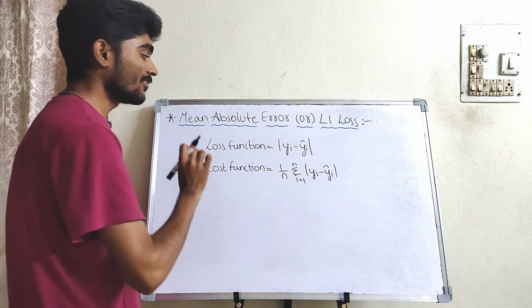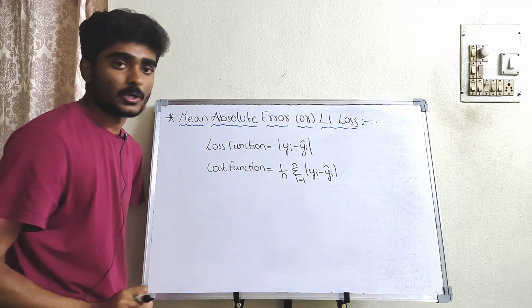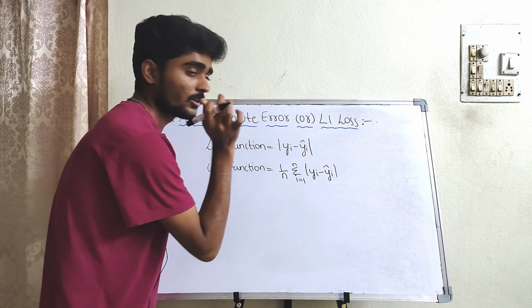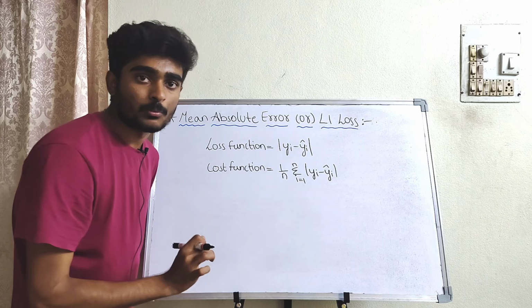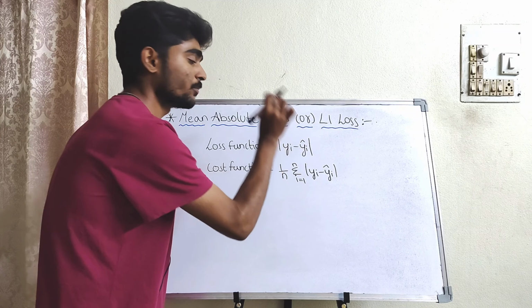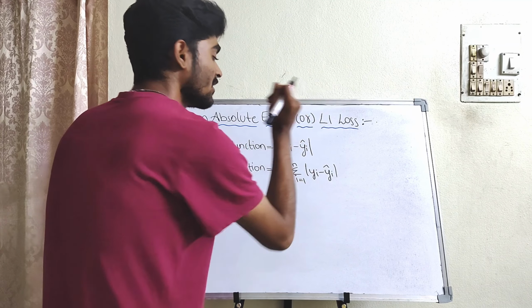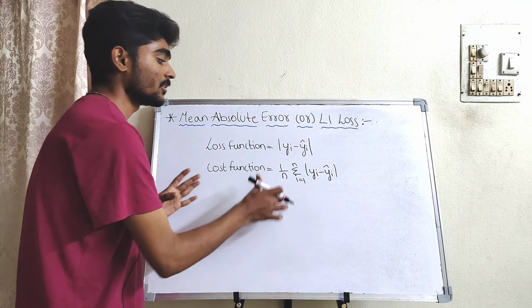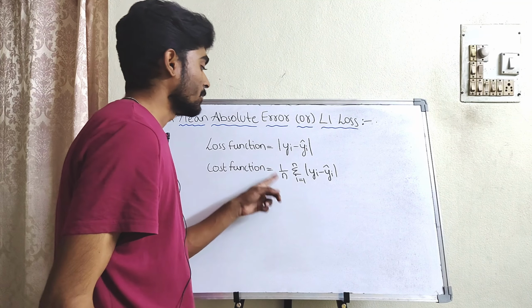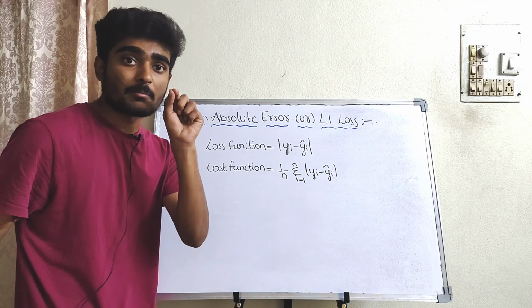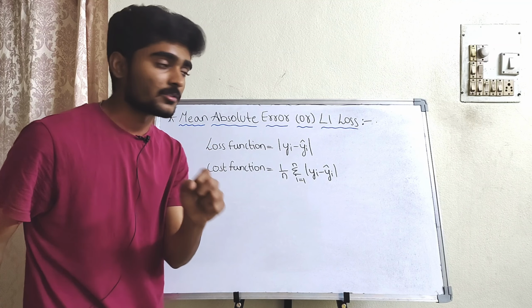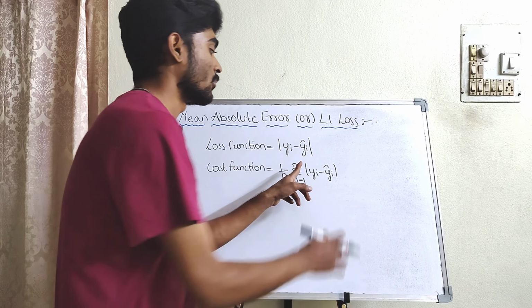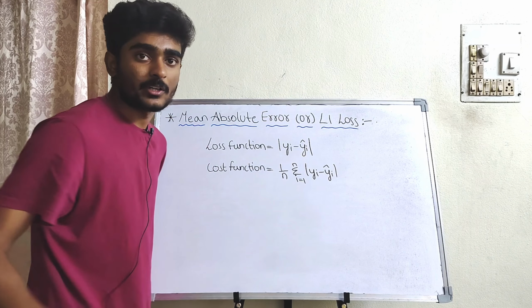Now the formula for this loss function is the modulus of true output minus predicted output. The loss function is calculated for a single training sample. The cost function is equal to 1 by n, where n is the number of samples, times the summation of i equals 1 to n of the modulus of true output minus predicted output.